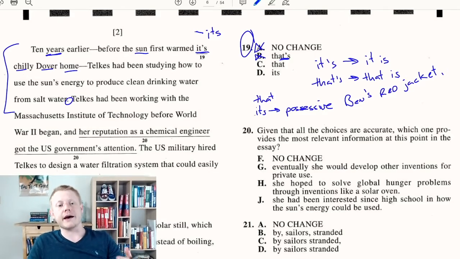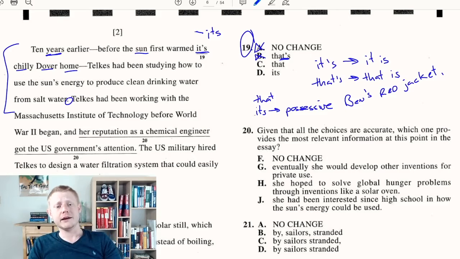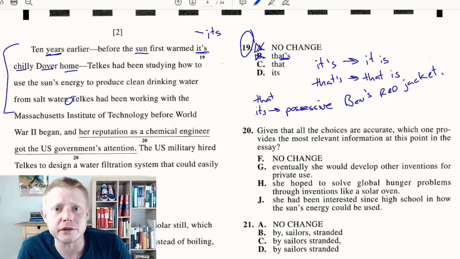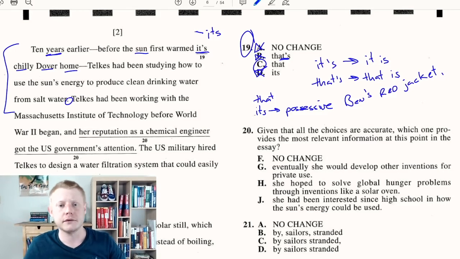Well, when I read that, it's clear that I'm talking about the sun owning the house in some way, shape, or form. And I'd have to do quite a leap of metaphysics to construe that. So I don't think it's going to be it's, because I don't think the sun has possession of the house in any significant way. So that leaves me with that.